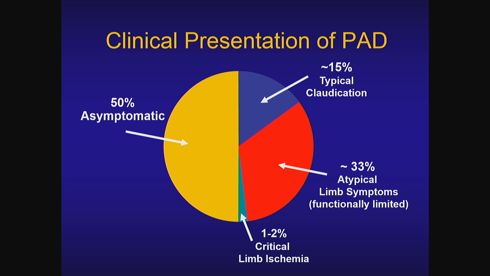Critical limb ischemia, the most dramatic and critical stage of peripheral artery disease, is fortunately seen in only 1 to 2% of all patients affected with this process. In about a third of these patients, peripheral artery disease can manifest with symptoms which are difficult to characterize and are atypical.